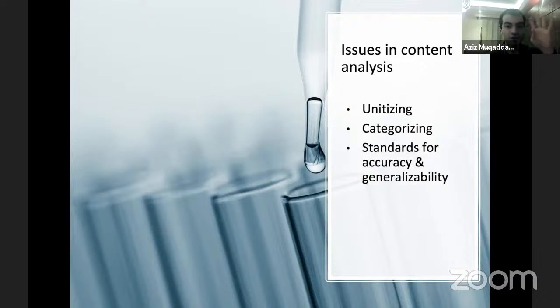There are four, or three, depending on how you want to count it, major issues that you need to look into. The first one is unitizing. The other one is categorizing, or categorization. And the third and fourth are standards for accuracy and standards for generalizability. I'm going to go over them one by one.